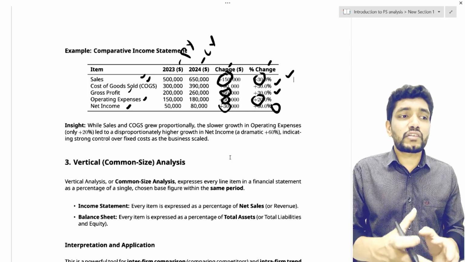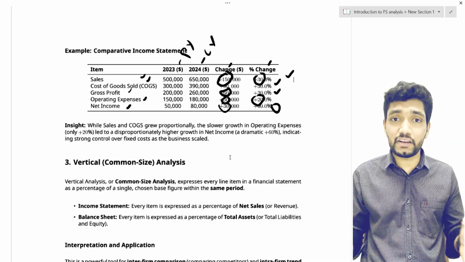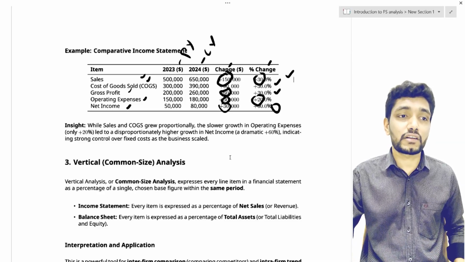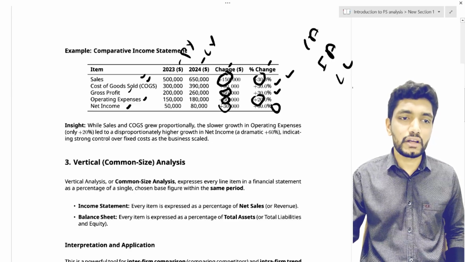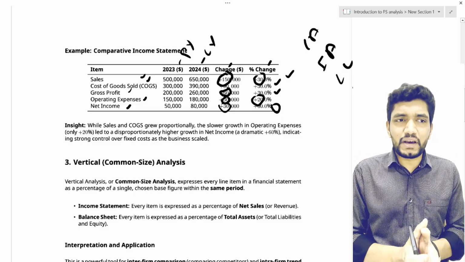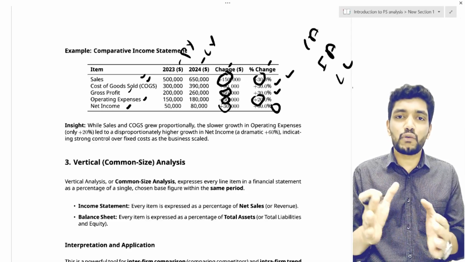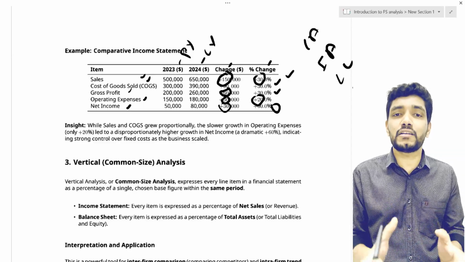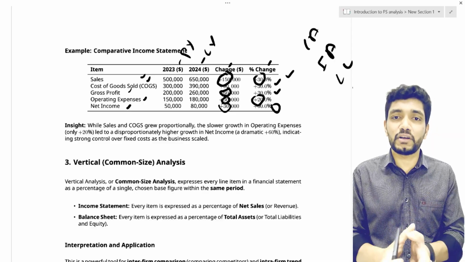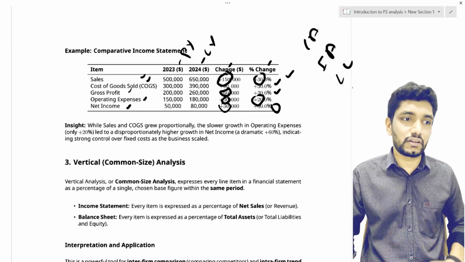The same comparative analysis we can do with the balance sheet also, to see how each balance sheet item, like current asset, fixed asset, current liability, long-term liability, and equity, is fluctuating year to year, and we can interpret a trend of its financial performance by making a comparative balance sheet.